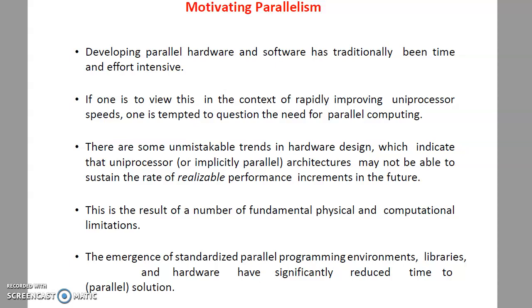There are some unmistakable trends in hardware design which indicate that uniprocessor or implicitly parallel architectures may not be able to sustain the rate of realizable performance increments in the future. As hardware was being designed for uniprocessor serial computers, it was found that uniprocessor or implicitly parallel architectures would not be able to sustain more and more speed requirements.